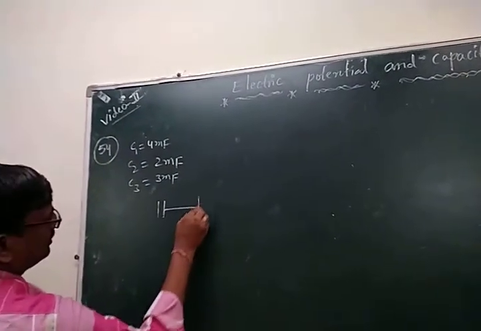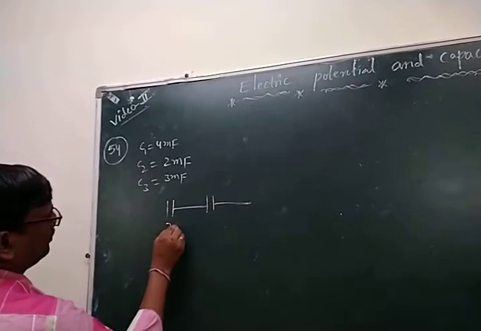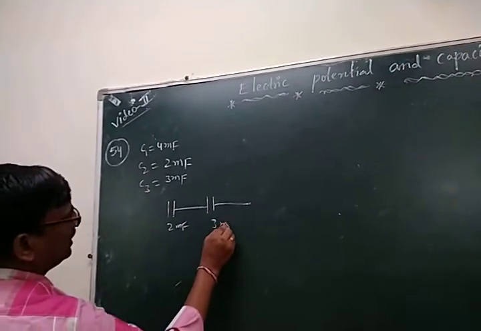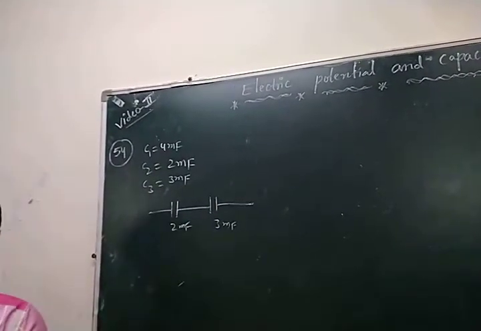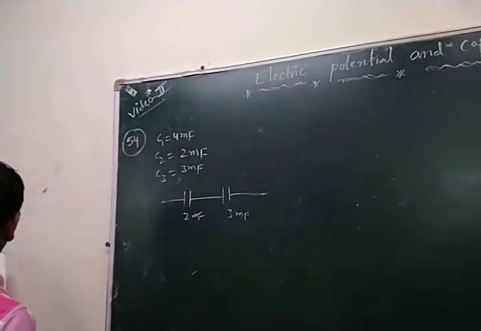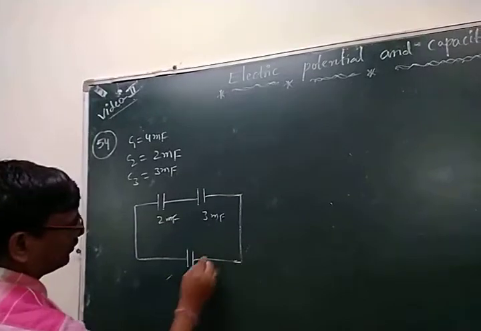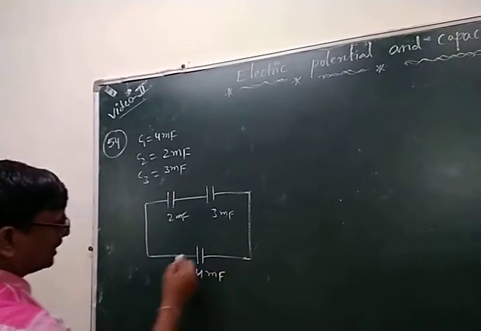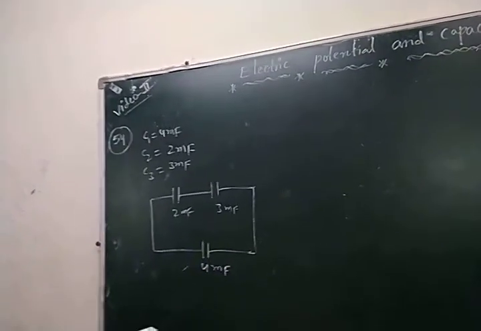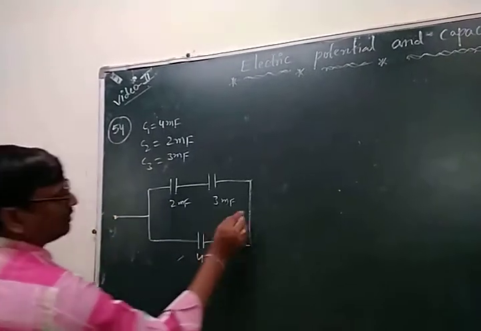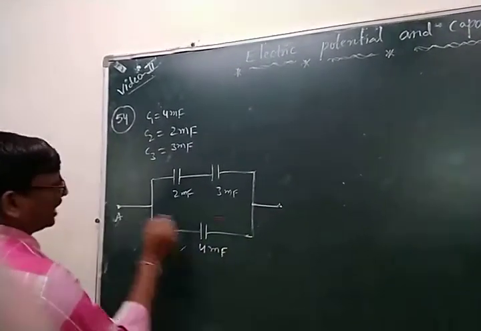These capacitors, 2 millifarad and 3 millifarad, are connected in series. And 4 millifarad is in parallel. This 4 millifarad is connected in parallel. The equivalent capacitance of the combination. This is A and B.